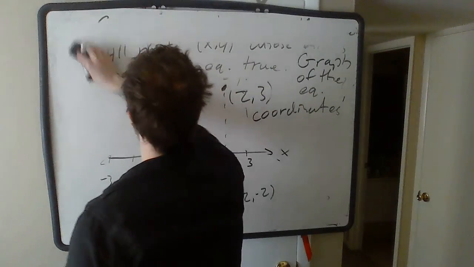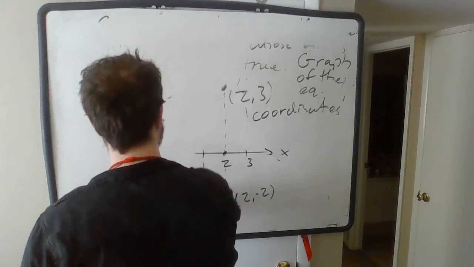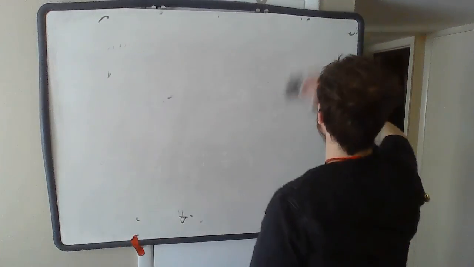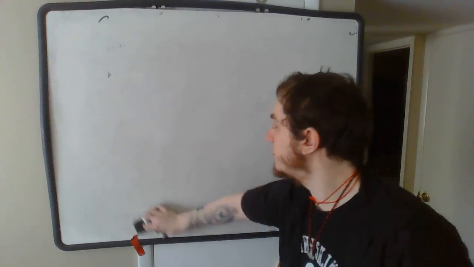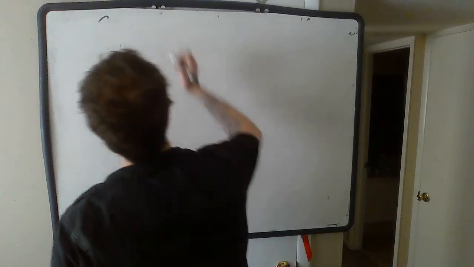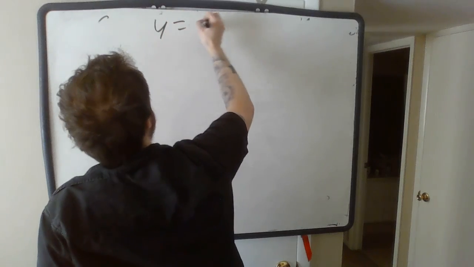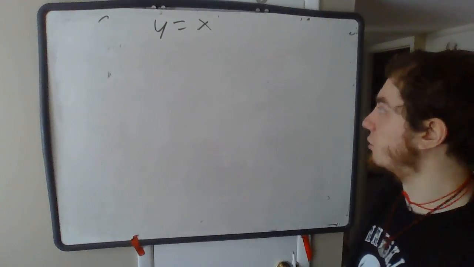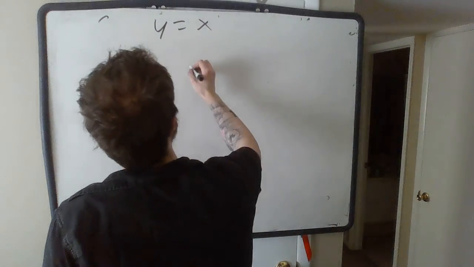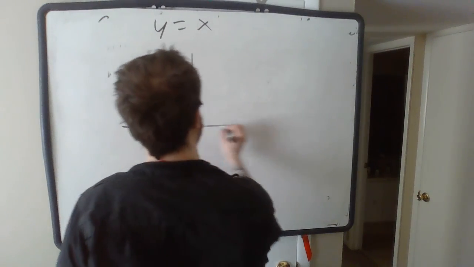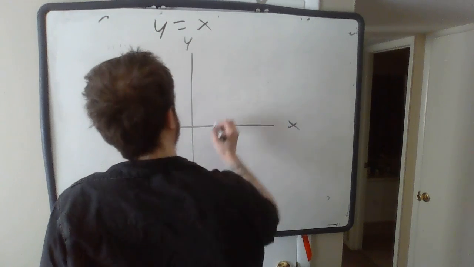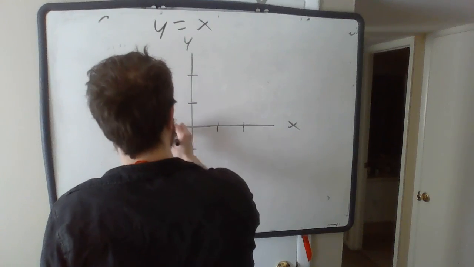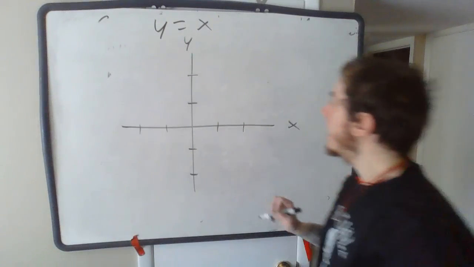To give you an example of what this looks like, and we'll talk about this more in the next lecture, but just to give you an example that's maybe straightforward to see what's going on, let's say that I have the equation y equals x. In other words, this just asserts that the two variables have to be equal to one another. Well, if I wanted to graph such an equation, sorry, it takes me a minute to make another set of axes here.